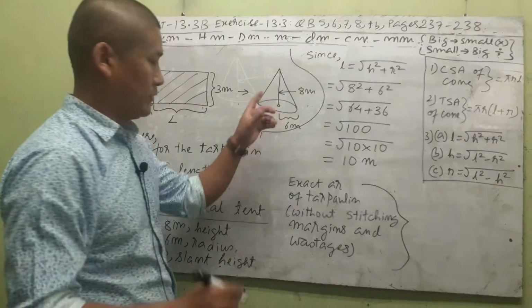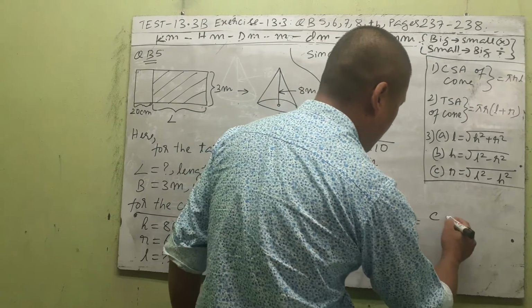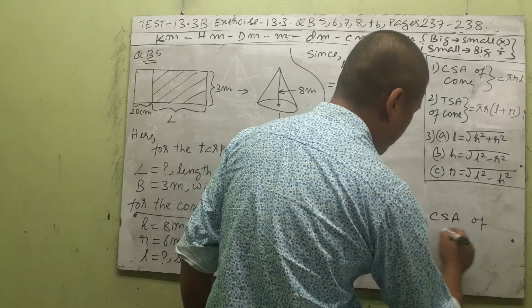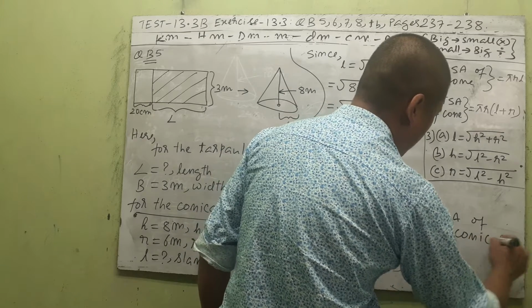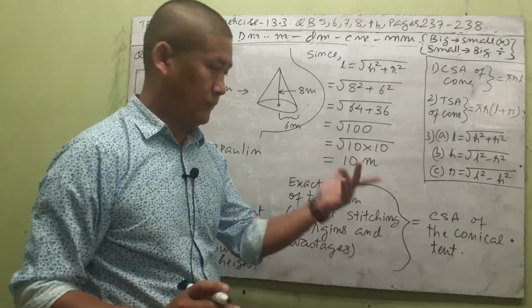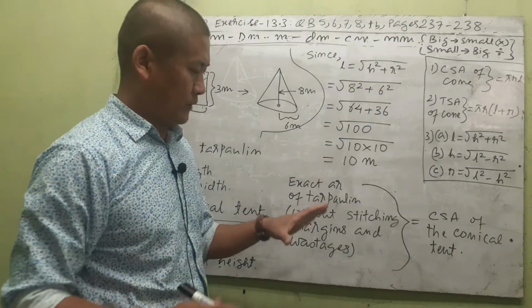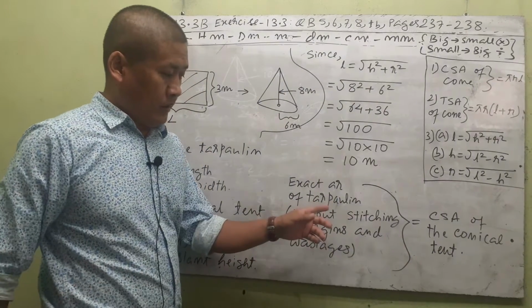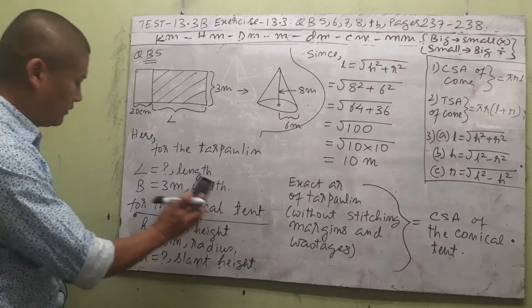To just cover up this conical curved surface will be equal to curved surface area of the cone, because we have to cover only the curved surface. So we're talking about the exact amount of tarpaulin area that is going to be required, without wastages or stitching extra margins and all.